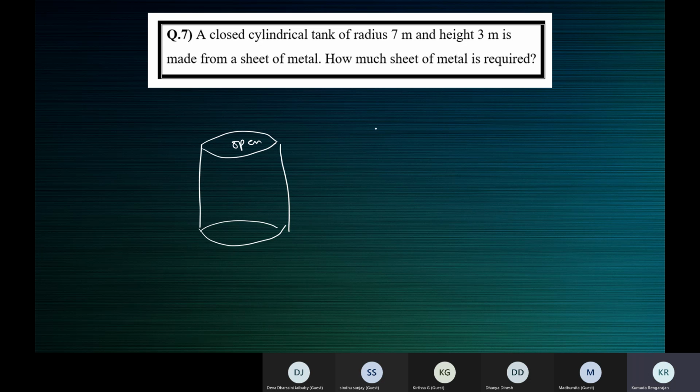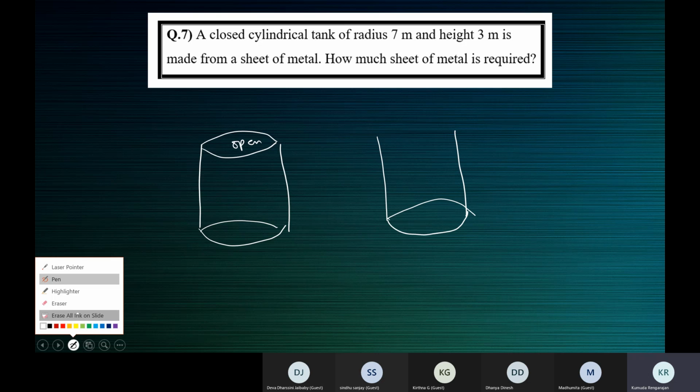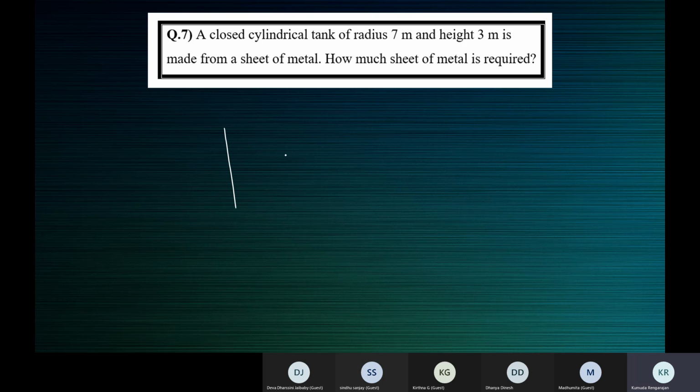When it is a tank, obviously, this will be the body of the tank, and this is the bottom of the tank. It's a tank, so the curved surface area will be there, and the bottom circle will be there.